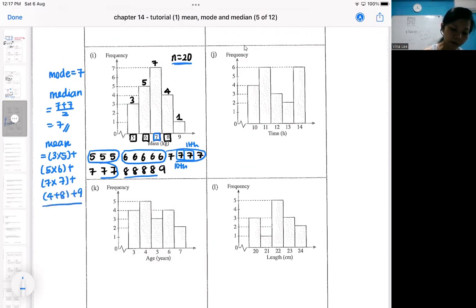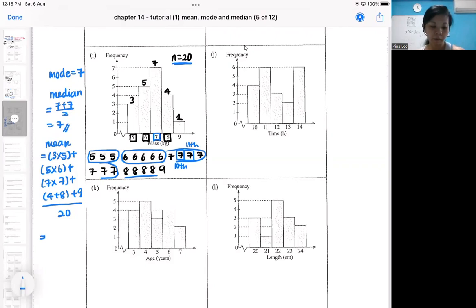And then you divide by the total number. Okay, so whatever it is, you need to arrange them. So if they give you stem and leaf, if they give you dot diagram, if they give you a bar chart, not bar chart, sorry, this is a histogram, you write up so that you can see the arrangement.